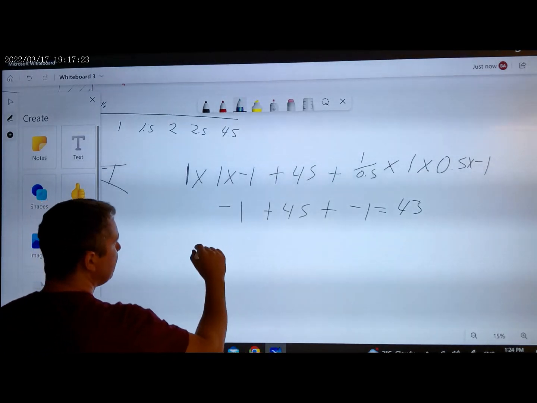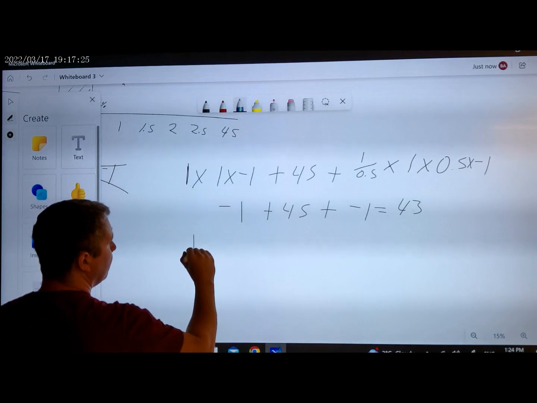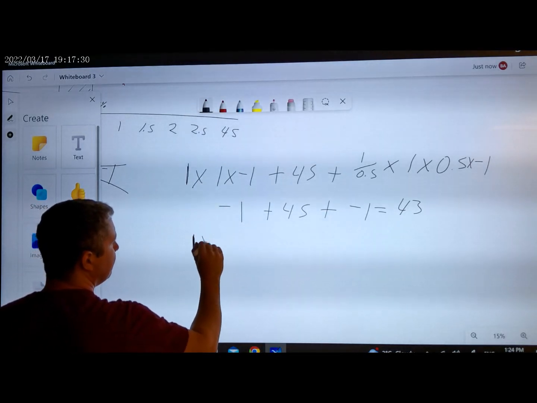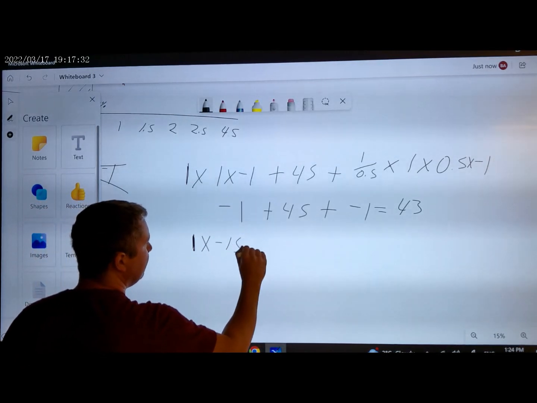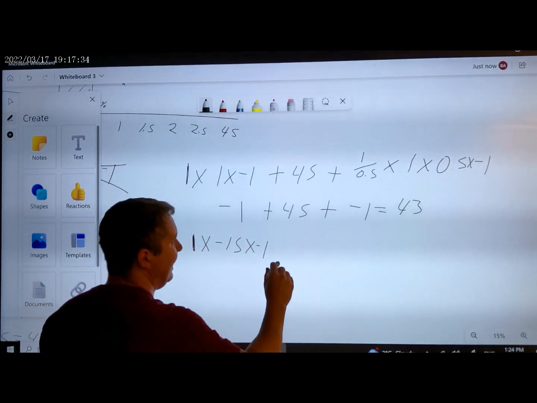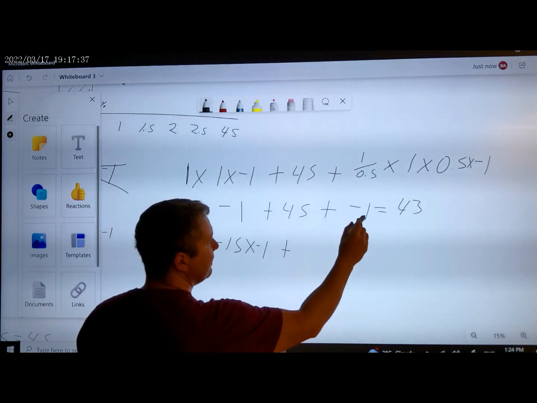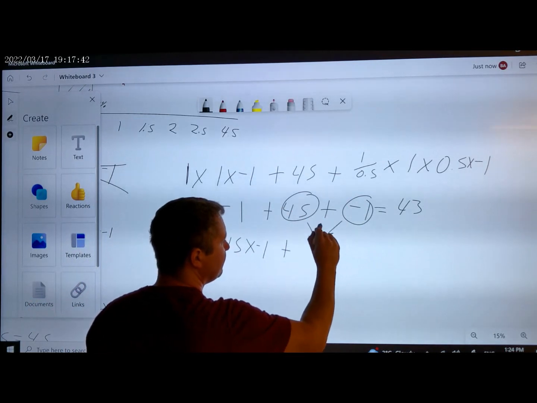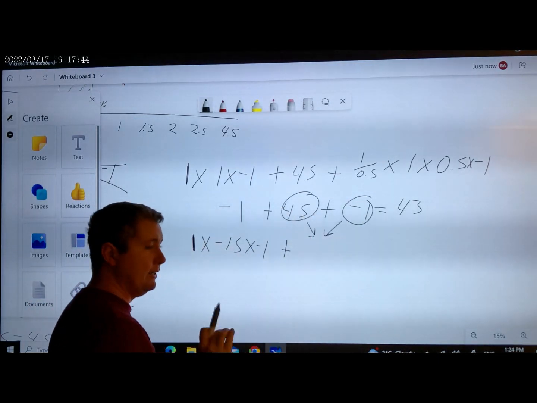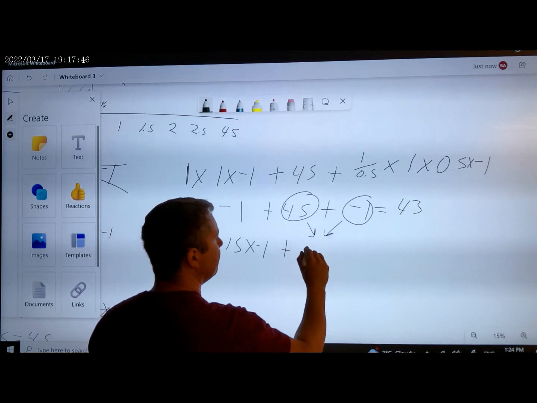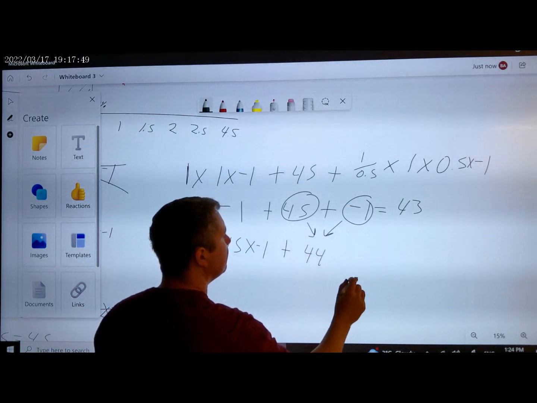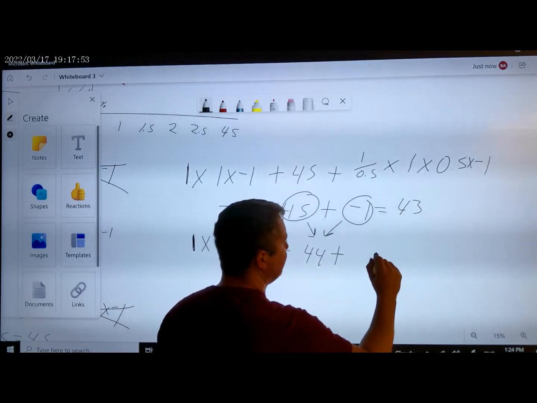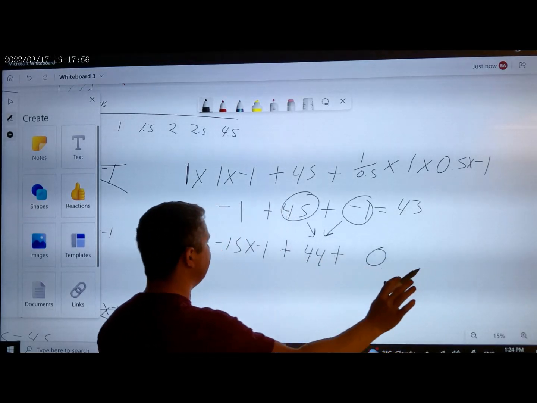So we go proportional gain, which is 1, times our error of minus 15, times minus 1, or reverse acting, plus, now we're taking these two, which is our cumulative integral to this point, which is 44, plus our new integral, but it's a time of 0, which gives everything 0.